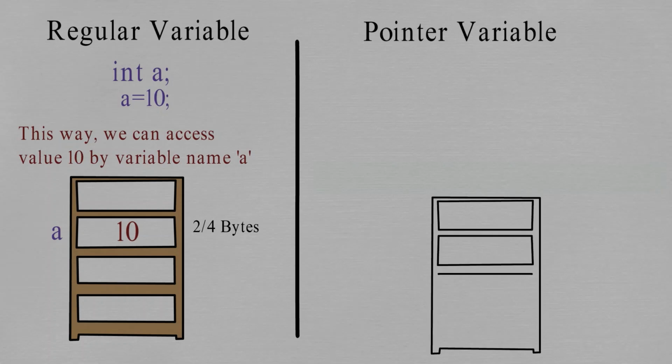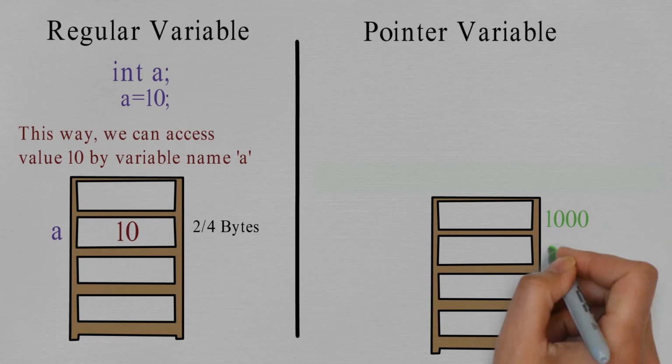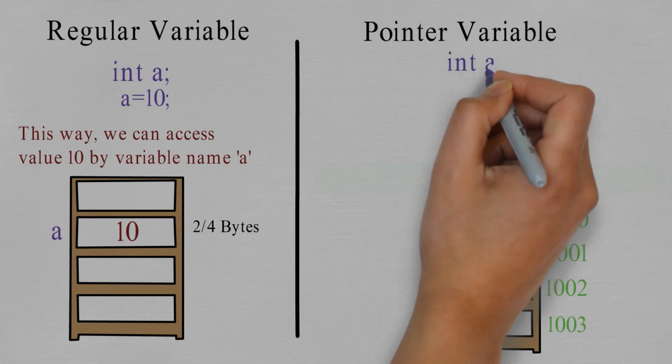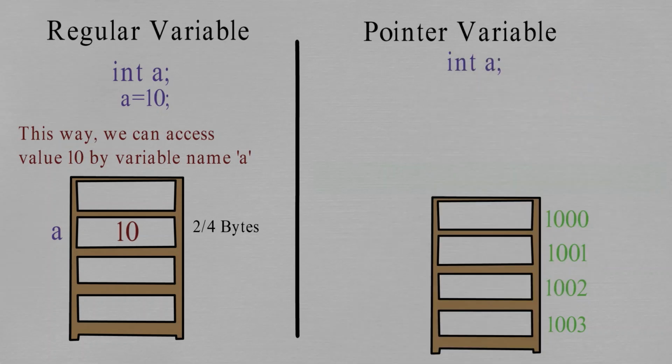Now let's see all of this again in a bit more detail. As we have seen earlier, each block has its own unique memory address that the computer uses to remember it. So in reality, when I write an instruction like int a, it assigns you a random slot while remembering the address.